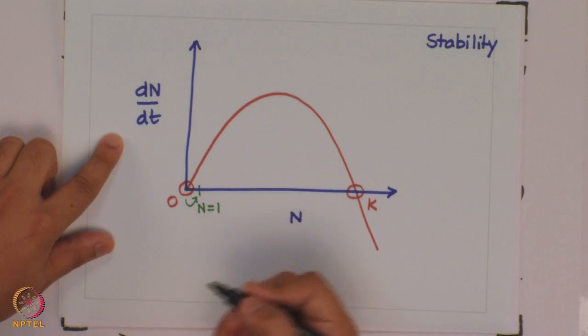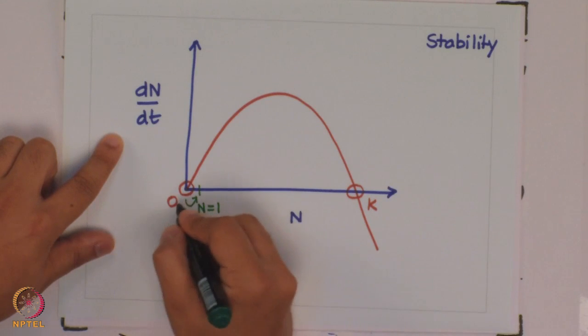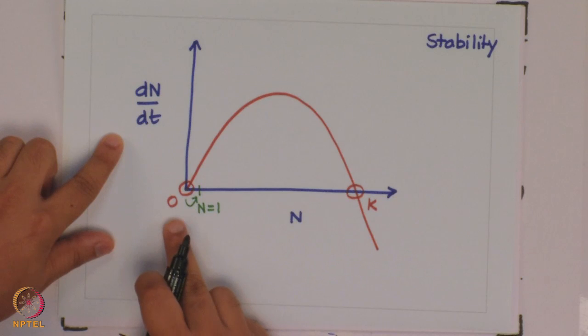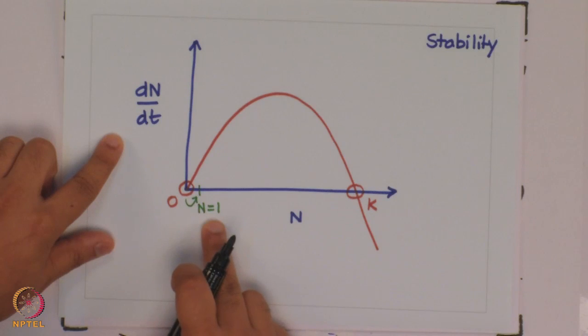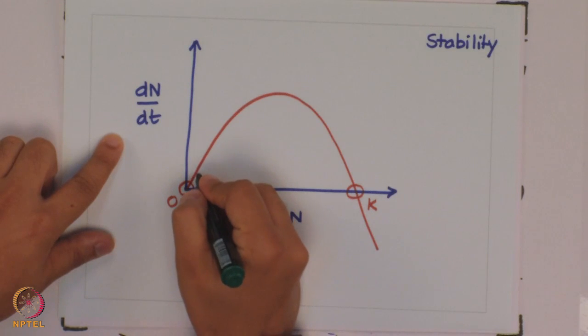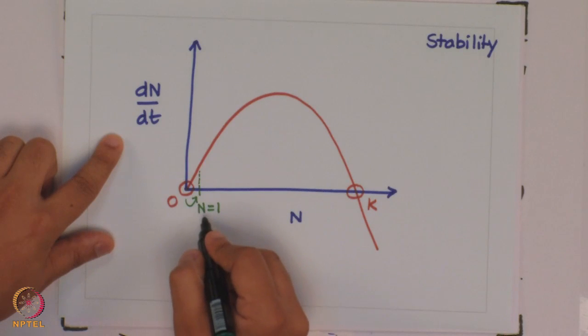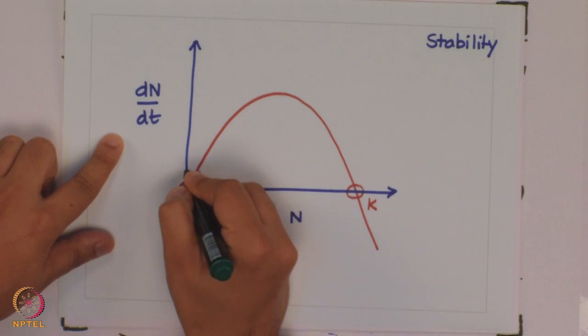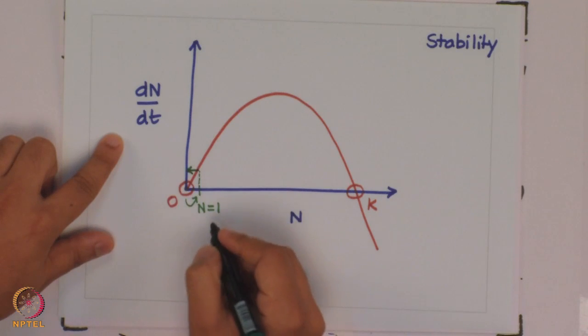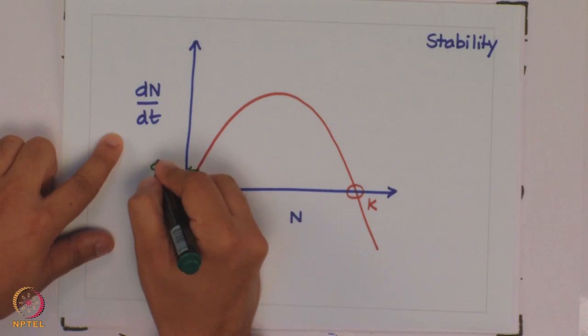All we have to do at this point is introduce this disturbance. From n equal to 0, we have introduced the disturbance, and just look at the sign of dn by dt, whether dn by dt at this point is positive or negative. In this case, at n equal to 1, dn by dt is positive.